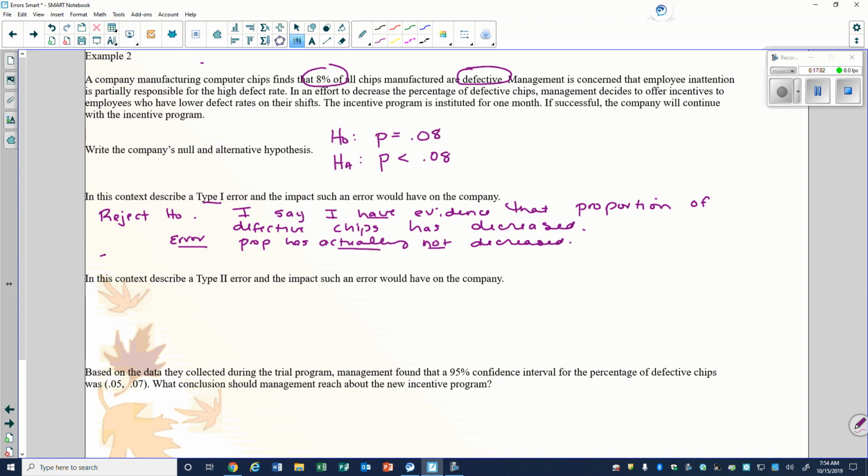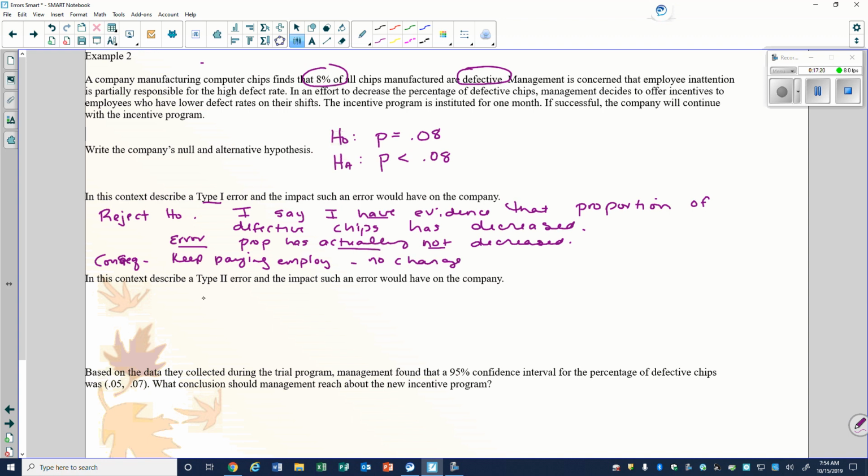Okay, so the consequence of making this error would be, okay, it's decreased, I'm going to keep paying employees this extra incentive when they really haven't made a change.